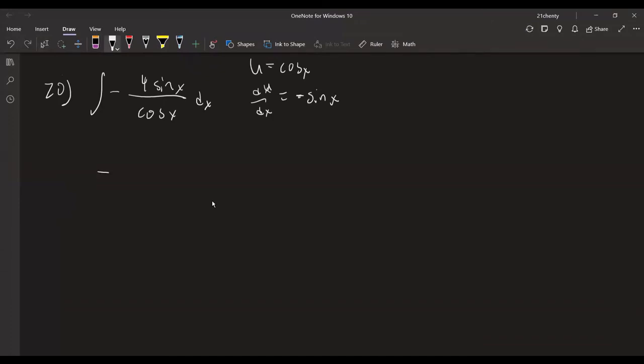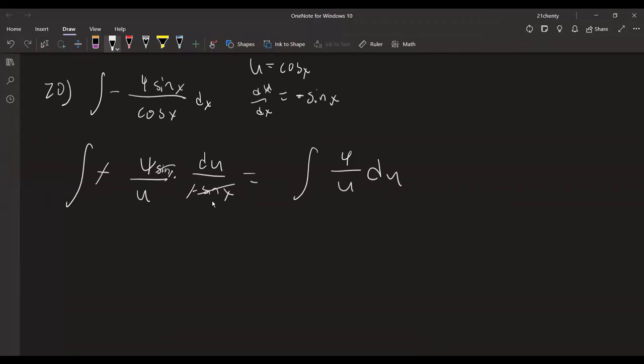First off, just take out the negative. And then plugging that in is 4 over u times du over the negative sine of x. And then this cancels out, that cancels out. We're left with 4 over u du, which is pretty simple. Take out the 4, ln of u, which equals cosine of x, plus c.